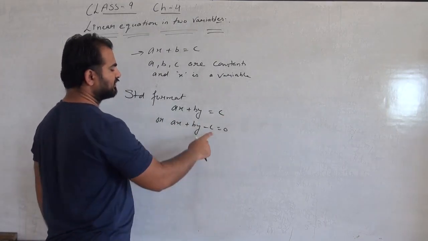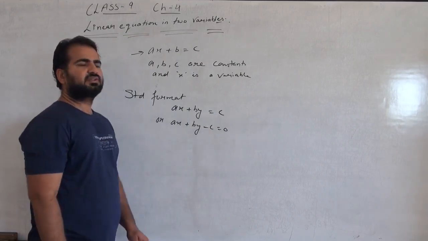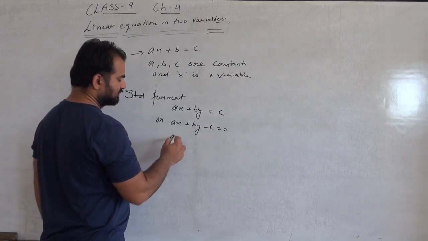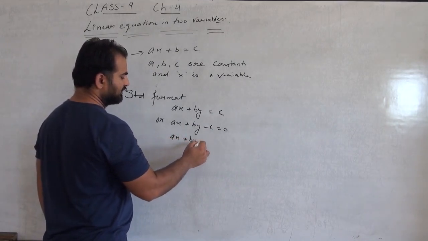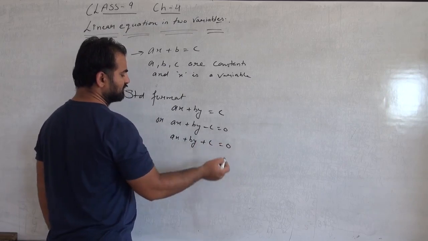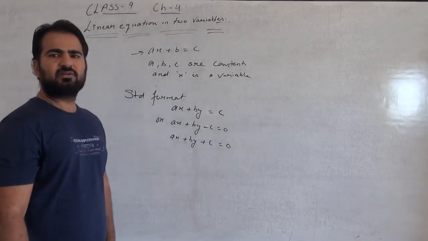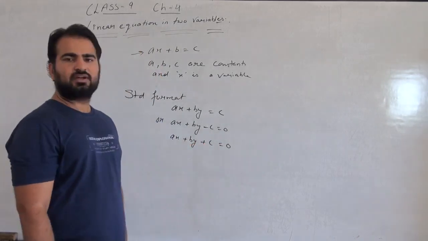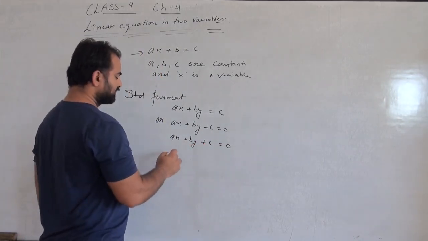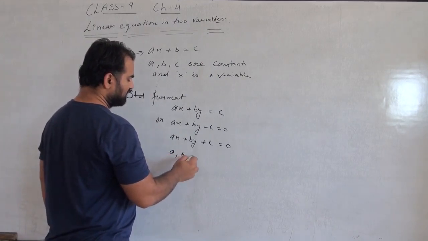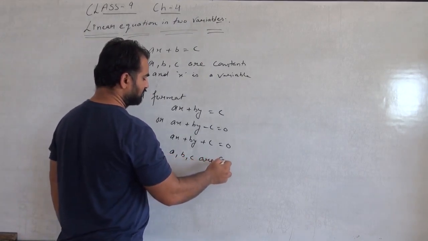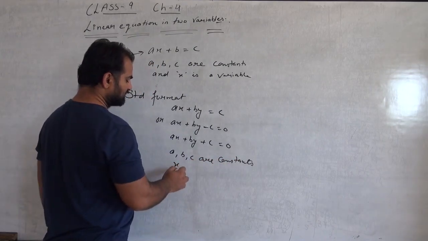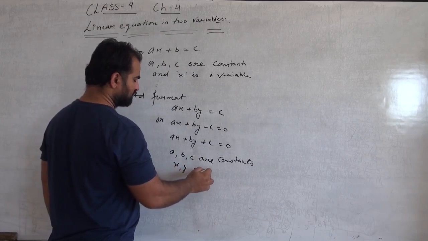Class, now what we can do is we can take c positive also, ax plus by plus c equals to 0. So constant can be negative and can be positive. It depends on the constant which we are using. So here a, b, c are constants and x, y are variables.